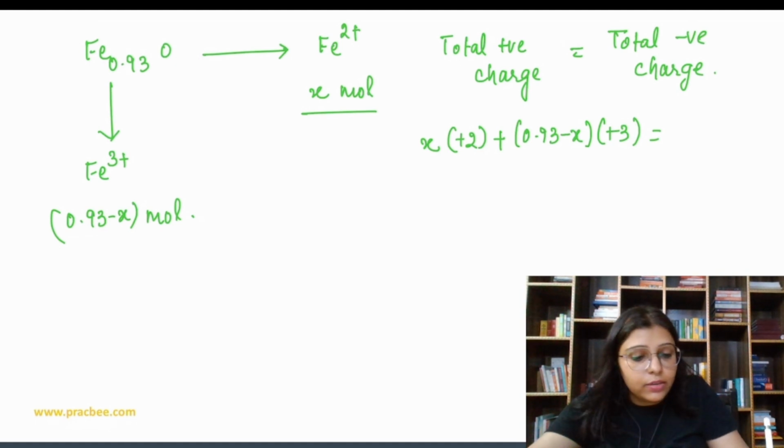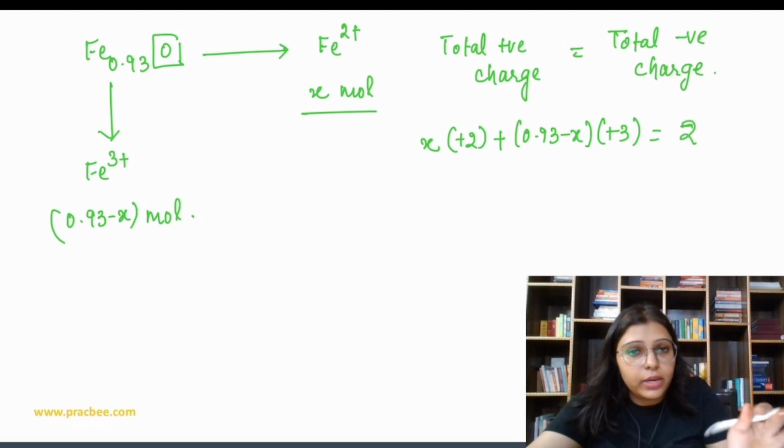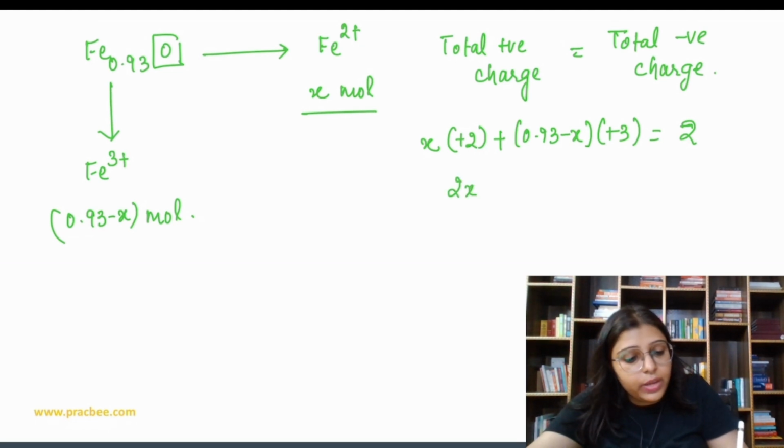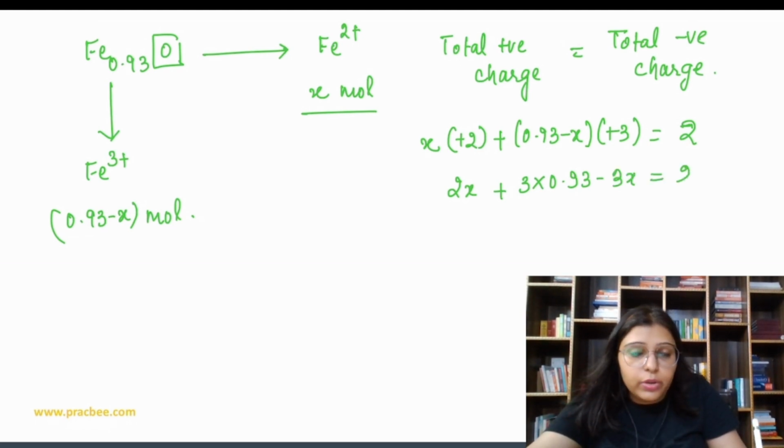Total negative charge is due to this oxygen, so that is equal to 2. Understood? There is no need to write the sign.